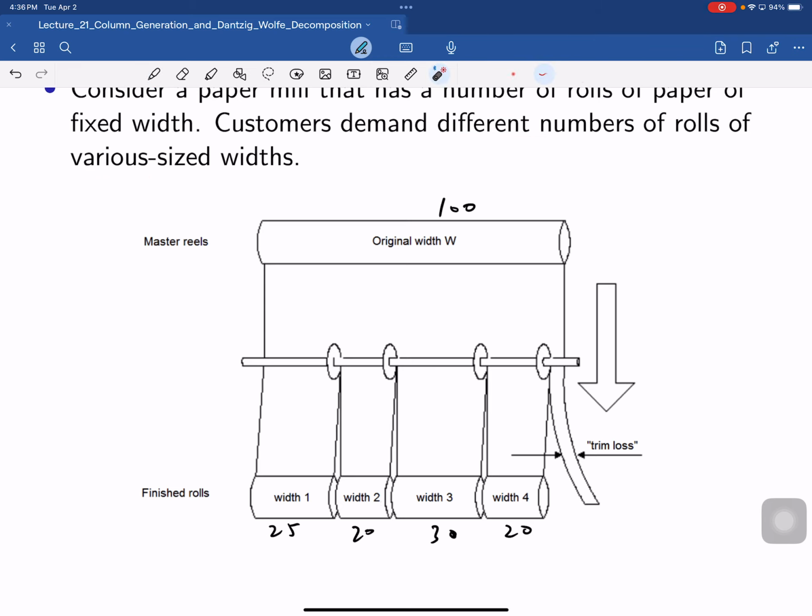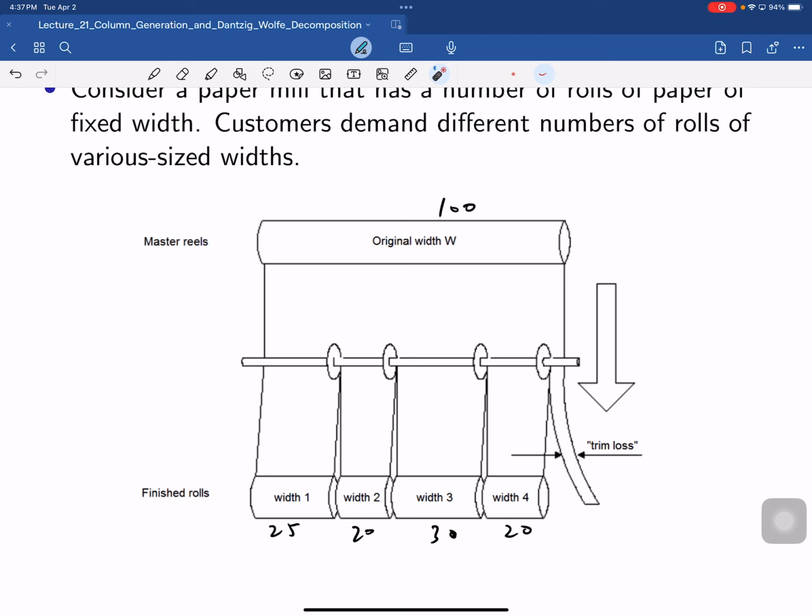For example, the customer may need 10 of the 25-inch paper rolls and 10 of the 30-inch paper rolls, right? Then the idea is you want to minimize the number of rolls you cut to satisfy the customer demand, right? So this problem is quite ubiquitous in different industries, right?